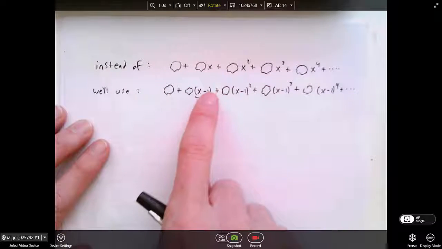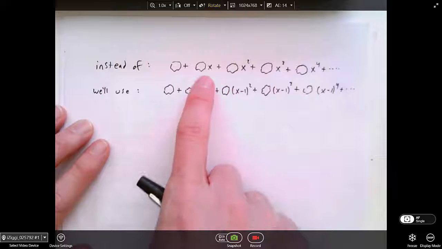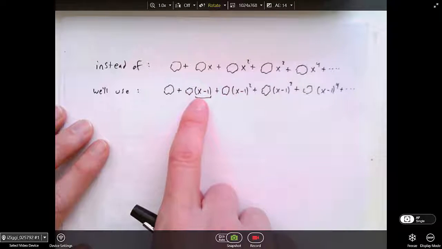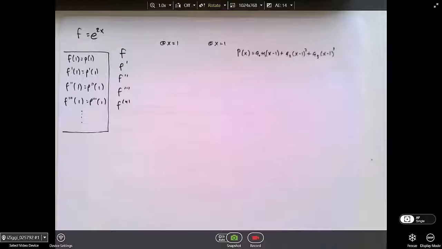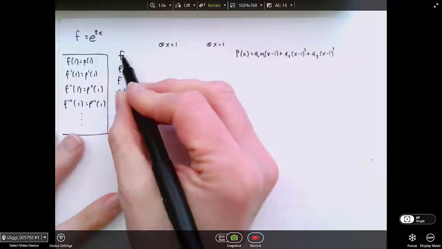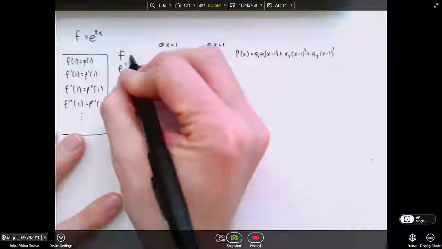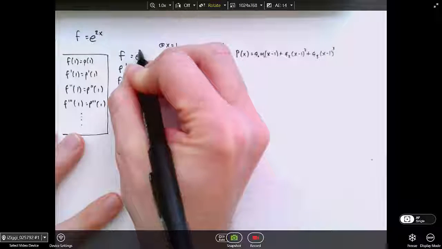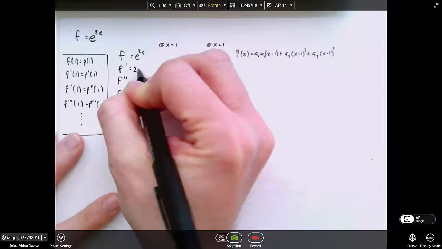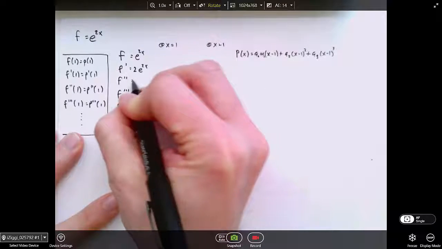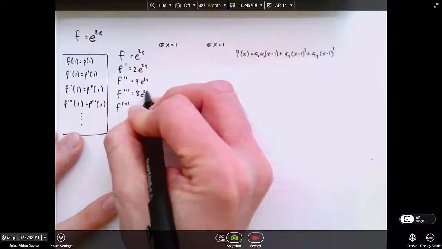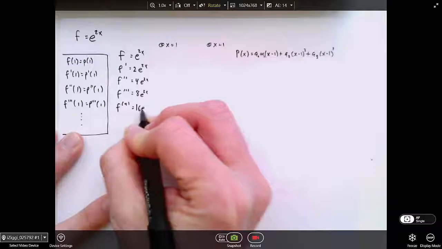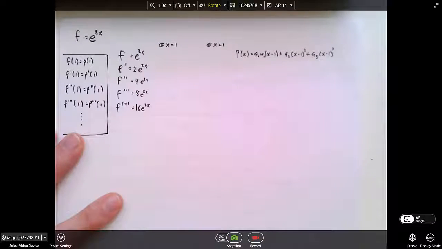So you see, it's going to let us do the exact same trick that worked before, only now we can use a value of x that's different from 0. So let's work through the same process. All these derivatives are going to be the same as last time. So if f was e to the 2x, f prime is 2e to the 2x, 4e to the 2x, 8e to the 2x, 16e to the 2x.